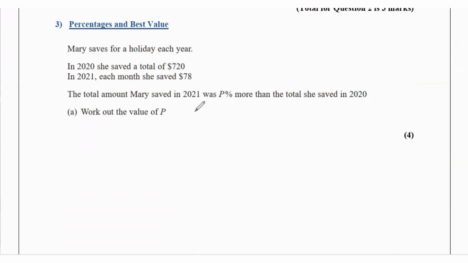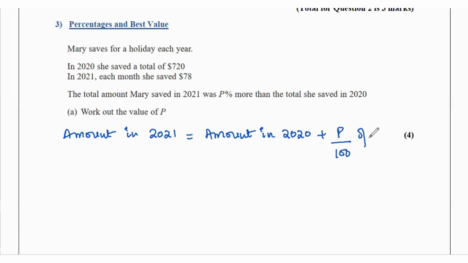So the total amount she saved in 2021 is P% more than the total she saved in 2020. So amount in 2020 plus P over 100 of amount in 2020.